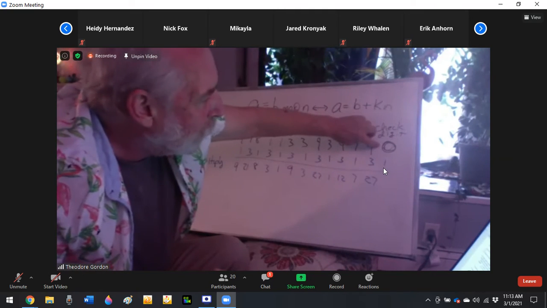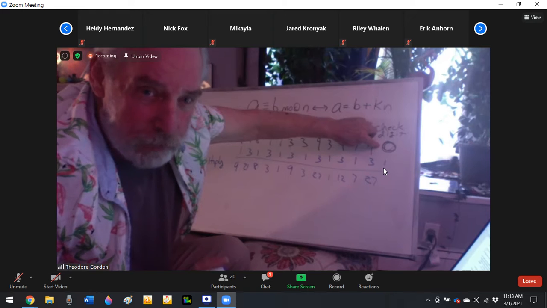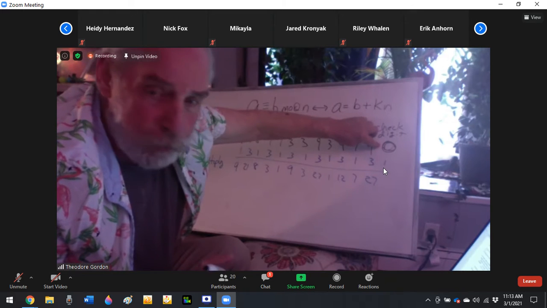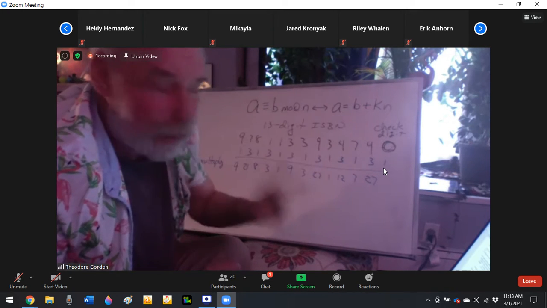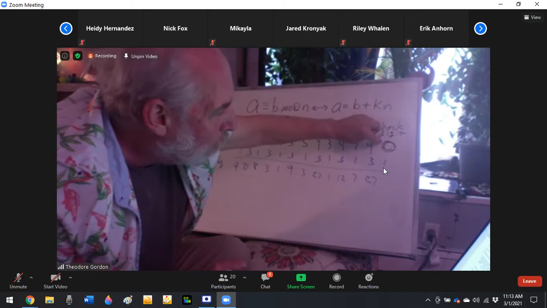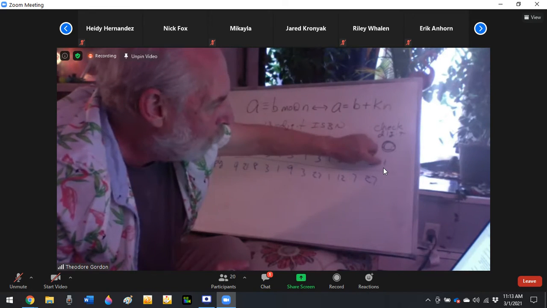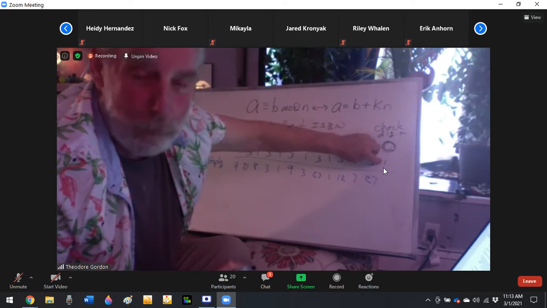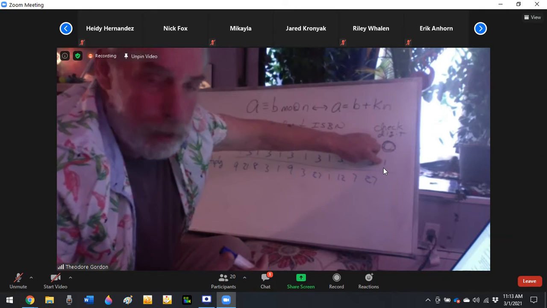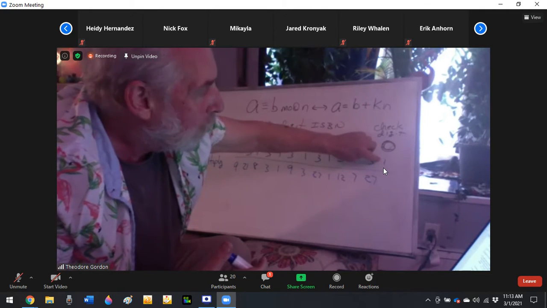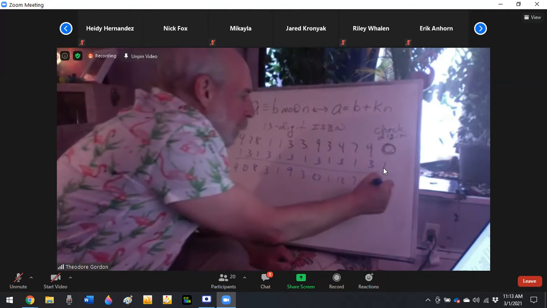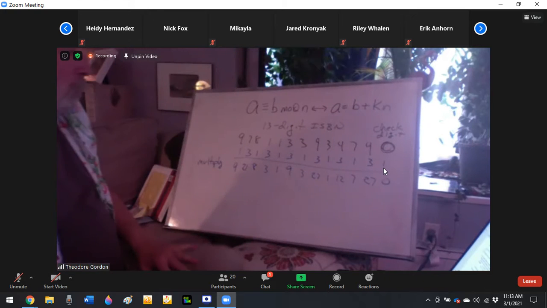Now, this check digit has to be a single integer. So it can be anything from 0 to 9. But here's the key. No matter what this digit is, what do you get when you multiply by 1? You multiply anything by 1, you get back that number. This is called the identity. So 1 times anything is that anything.